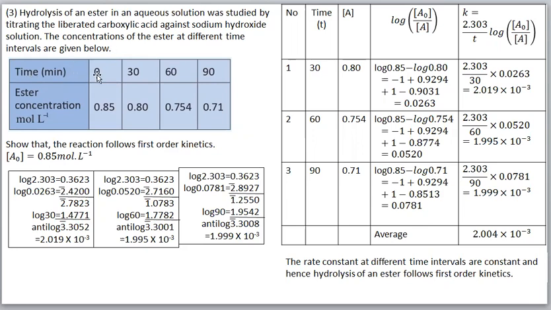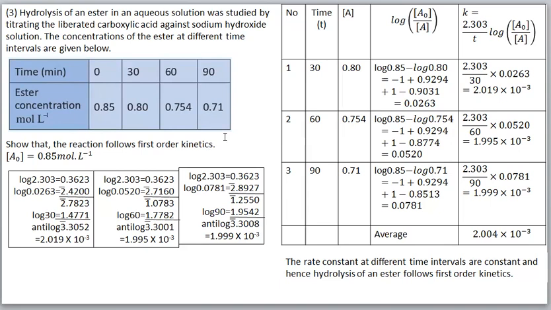Time in minutes, ester concentration in mole per liter, that means molarity. When time t is equal to 0, the concentration is 0.85. At time 30, this concentration, at 60 this one, at 90 this one. Show that the reaction follows first order kinetics.